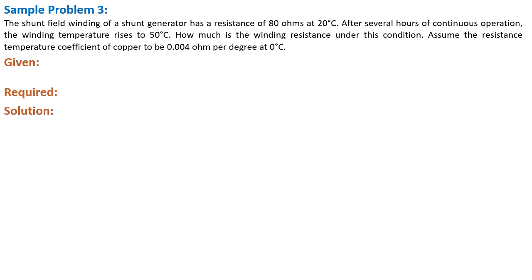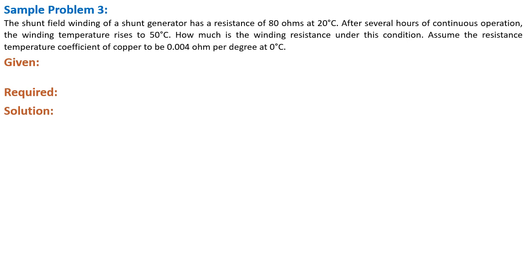So, it increases by 30 degrees Celsius. How much is the winding resistance under this condition? It means at 50 degrees Celsius. Assume that temperature coefficient of copper to be 0.004 per degree Celsius at 0 degrees Celsius.